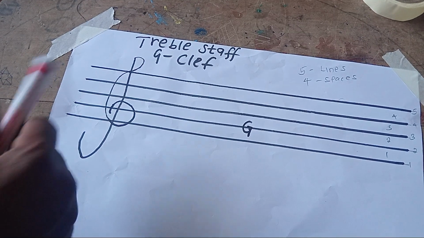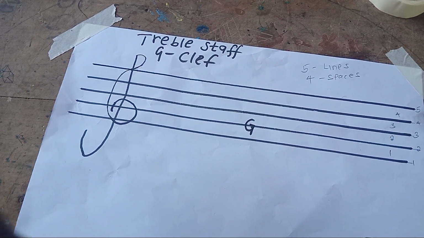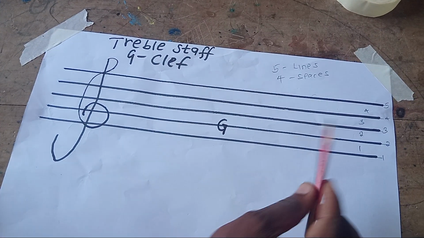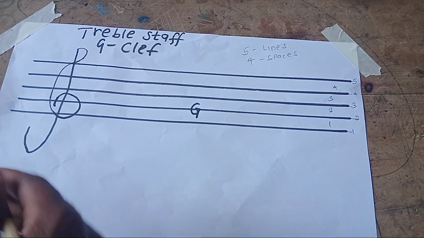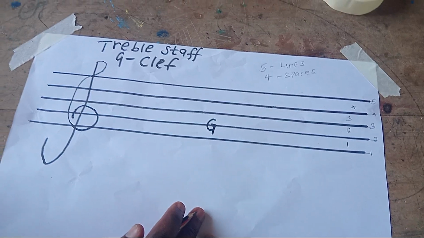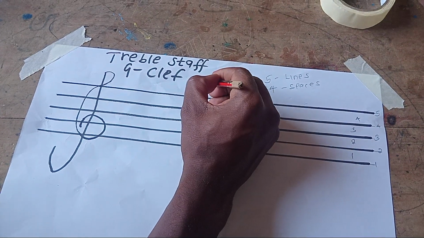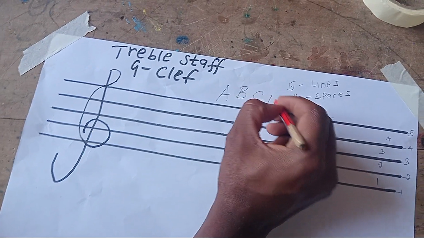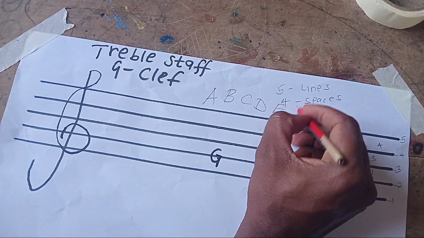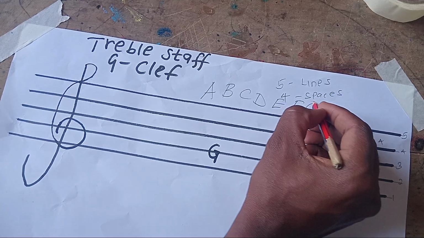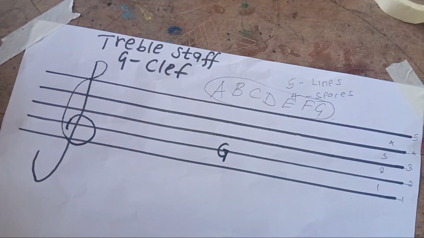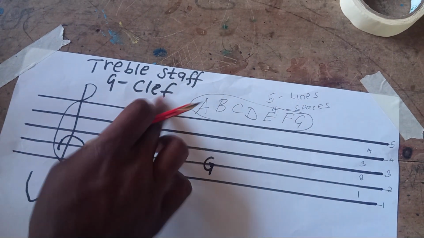So, someone is asking, why did we use G and not any other and not 1, 2, 3? So we don't use 1, 2, 3. We use the first 7 alphabets, which is A, B, C, D, E, F, G. The first 7 alphabets is what we use to name these lines and spaces.